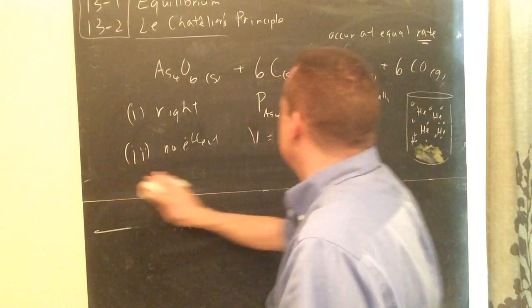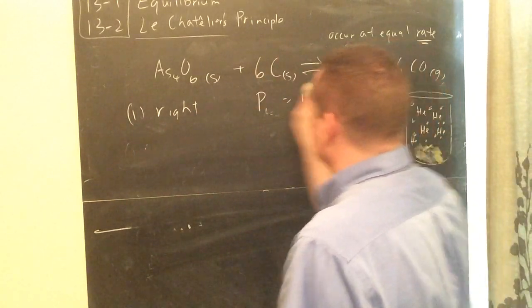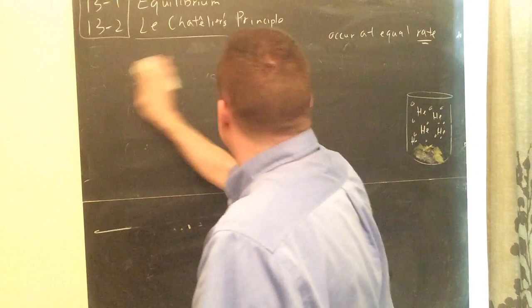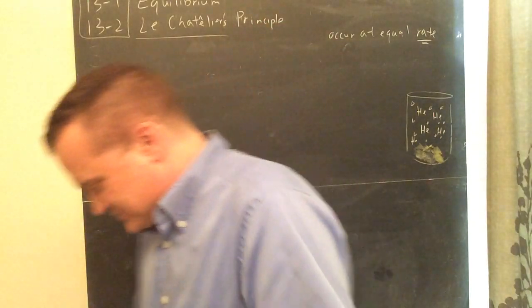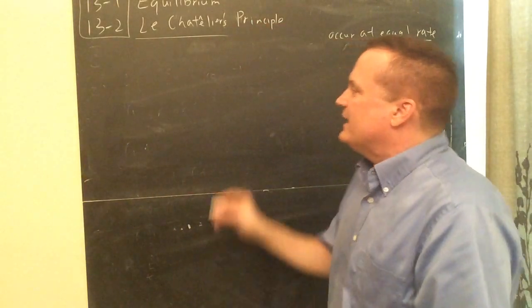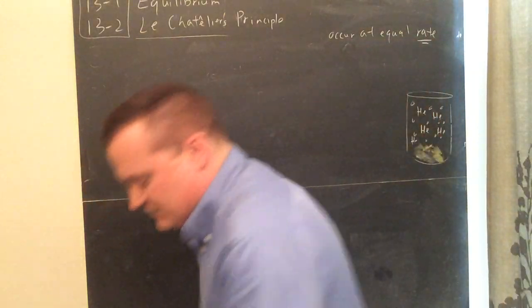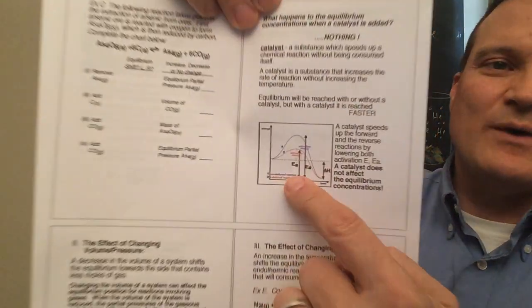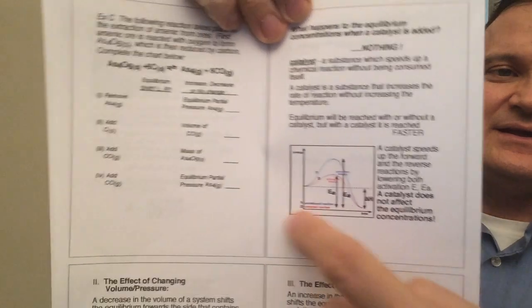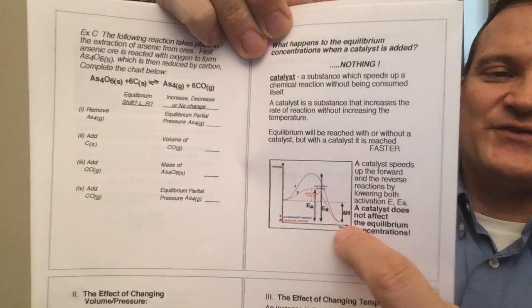Okay. Now, the catalyst. Remember we talked about catalyst in the last chapter. You can look at the graph there. You might remember this must be exothermic or endothermic. Since the products are lower, it is exothermic.